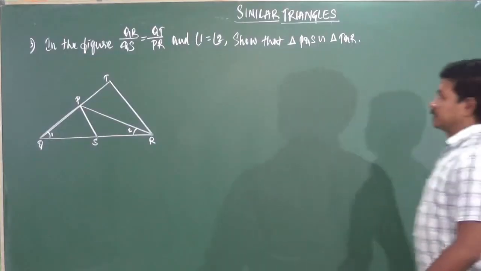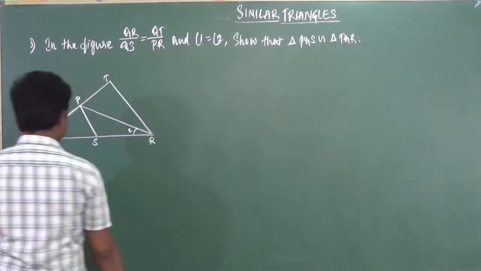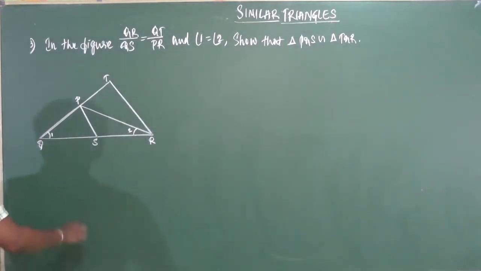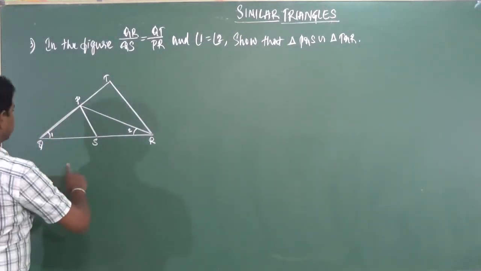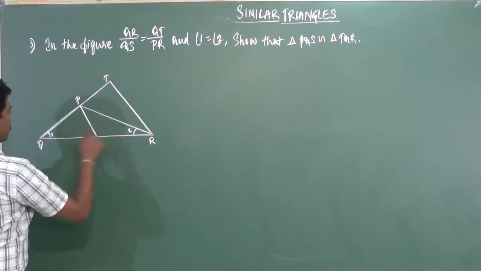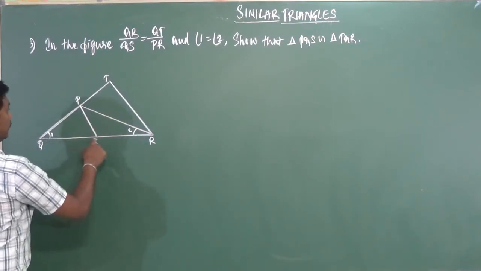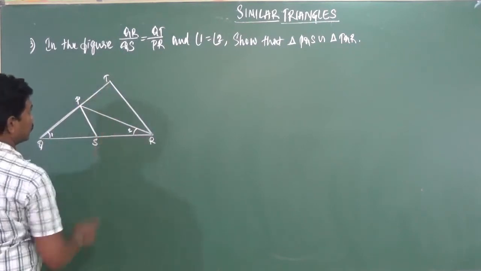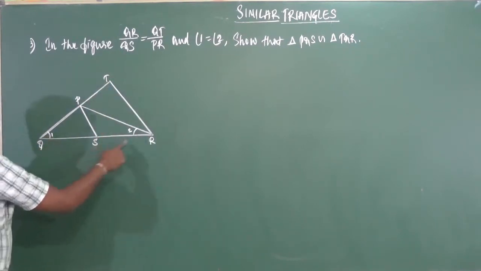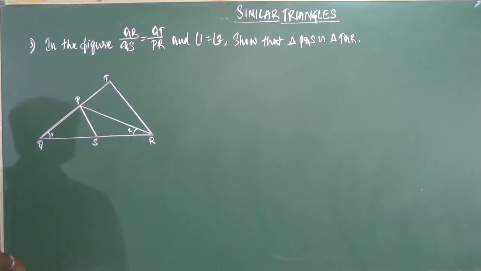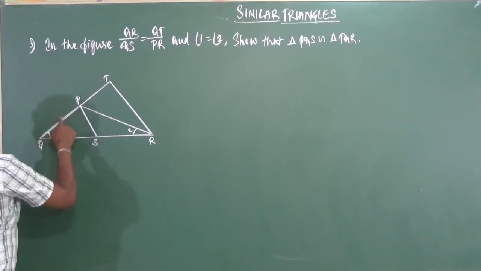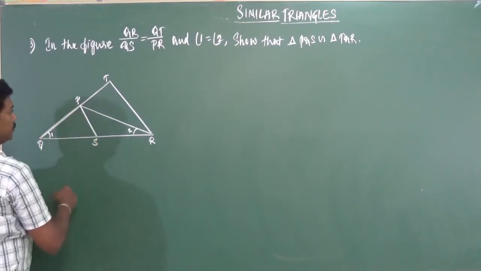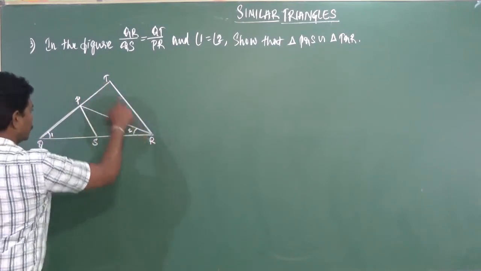Okay, so let us get into the third problem, based on the same criterion. In the figure, QR by QS ratio is equal to QT by PR ratio, and angle 1 is equal to angle 2. Show that triangle PQS is similar to triangle TQR.